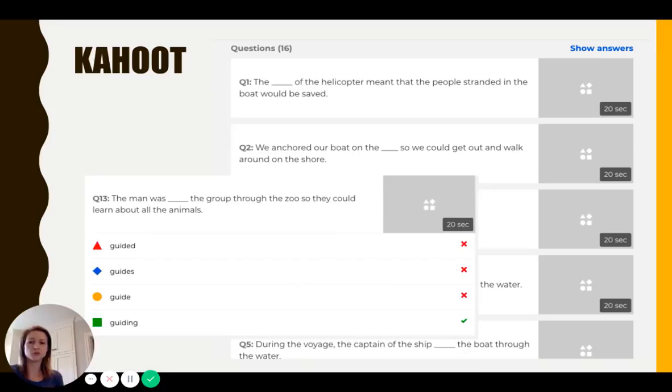I always make sure to include questions like this, where all of the answers are the same vocabulary word, but the endings are different. That really forces students to think about the structure of the sentence and what words are included that would help them figure out which ending belongs. So the man was the group through the zoo, so they could learn about all the animals. The clue here, and we've talked about this, is that when you have is or was, and the verb comes after that, it has an ing ending.